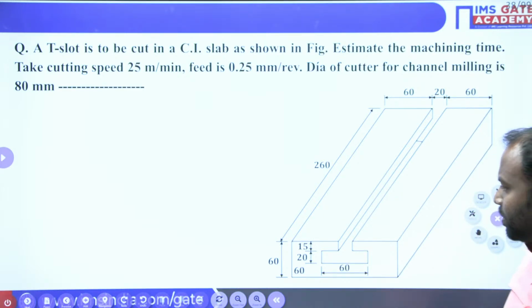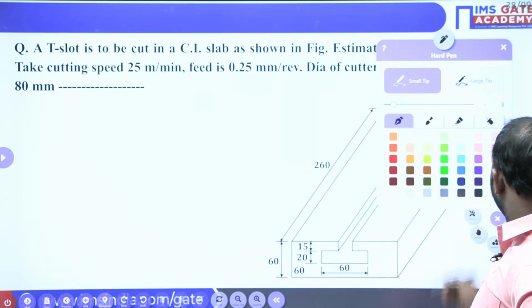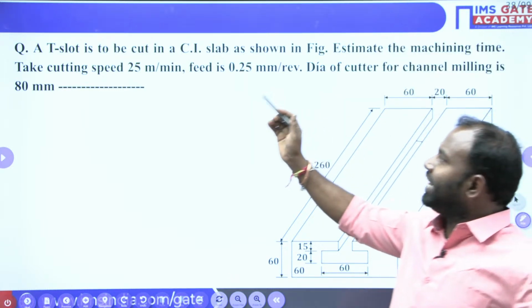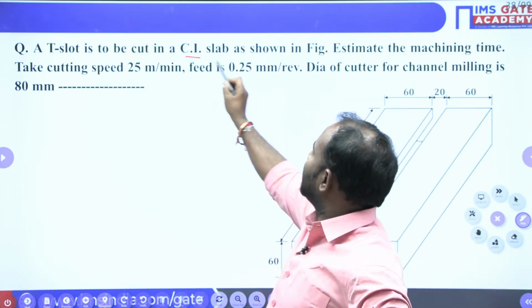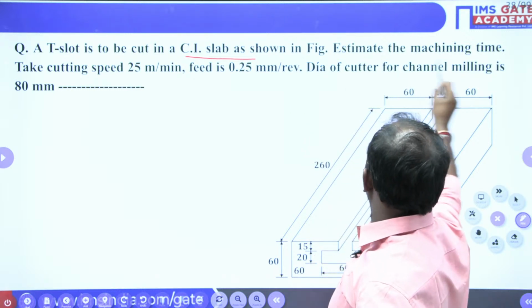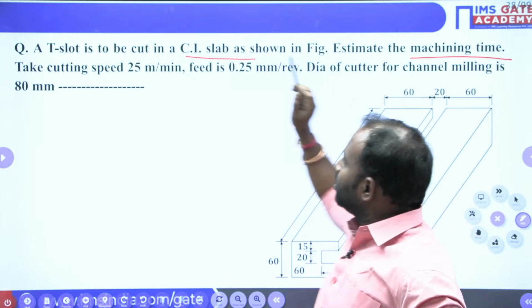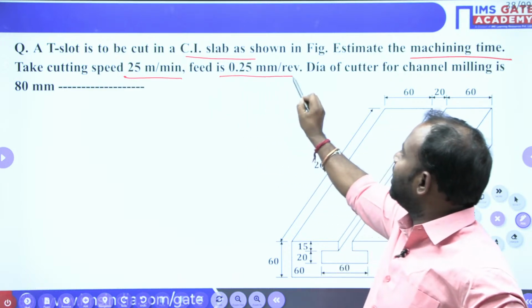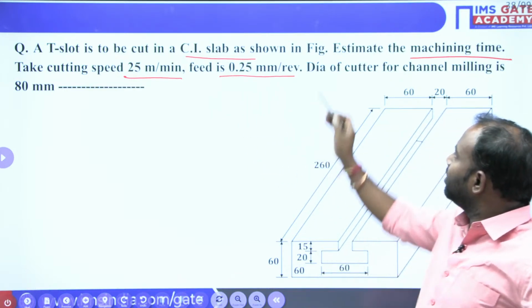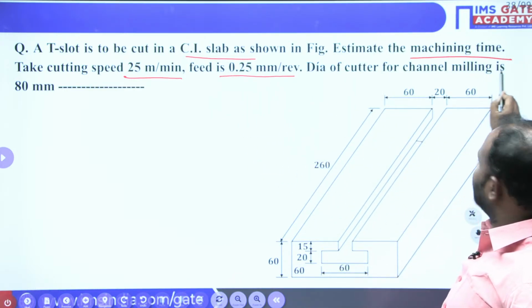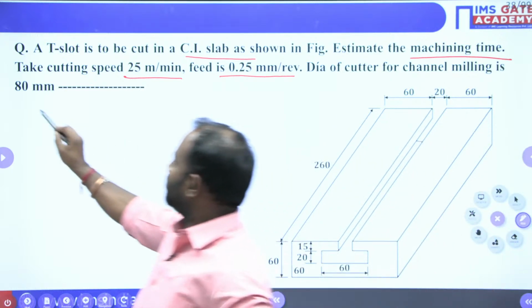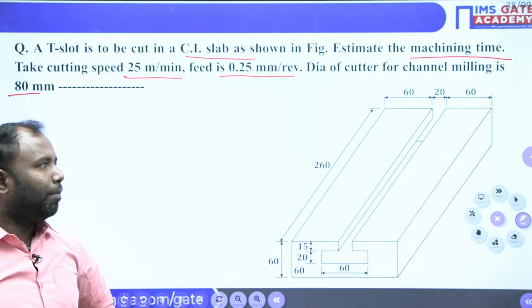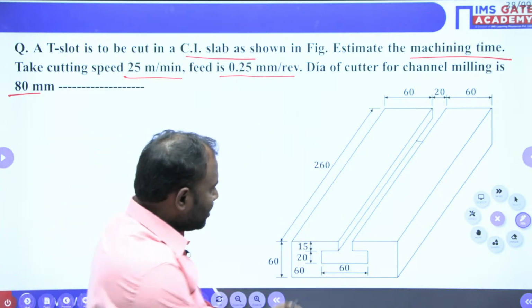Let me solve this question, guys. A T slot is to be cut in a cast iron slab shown in the figure. Estimate the machining time. Taking cutting speed as 25 meters per minute, feed is 0.25 mm per revolution, and diameter of the cutter of channel milling is 80 mm. Using this, we are supposed to calculate the machining time required for producing this slot.